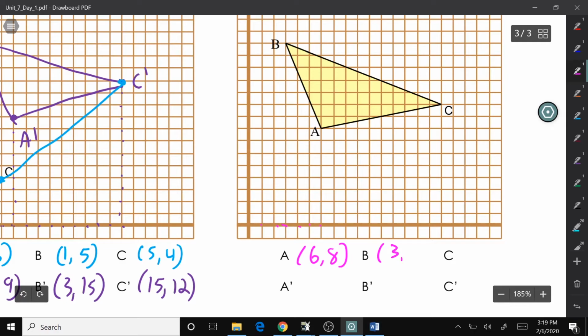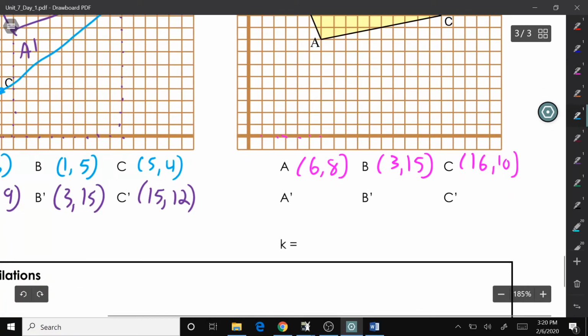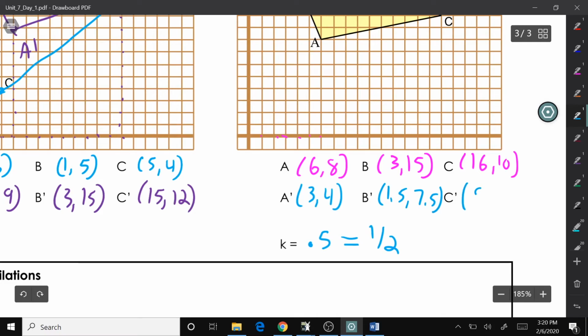B is (3, 15). And C is (16, 10). So I'm going to multiply each value by 0.5, which is the same thing as 1/2. So then this will be (3, 4). This will be (1.5, 7.5). And this will be (8, 5).